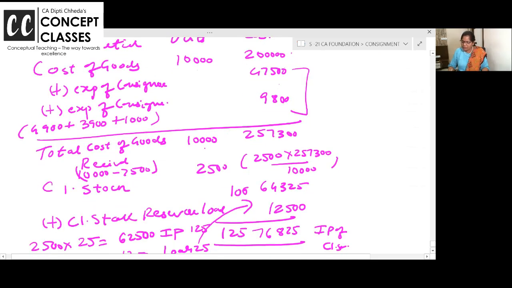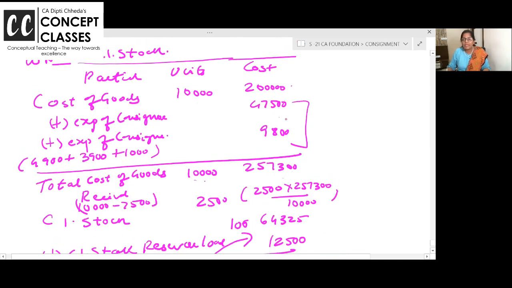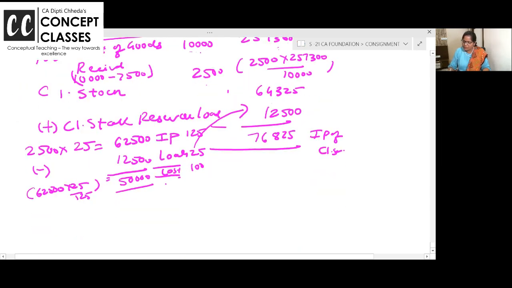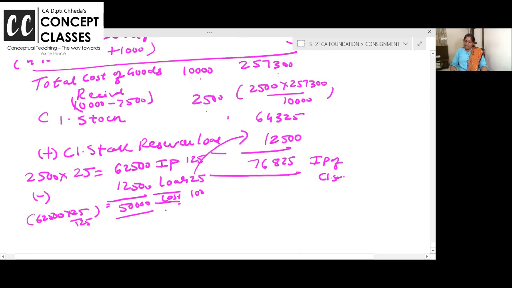You can't add 25% profit on here because in expenses you can't have profit or loading. Loading is only in the cost. So 10,000 का cost इतना है, 2,500 का cost कितना? So you got this. 64,325. Everyone is clear?